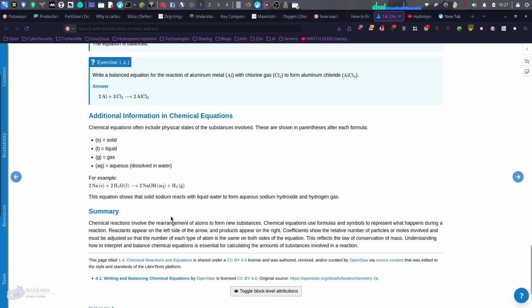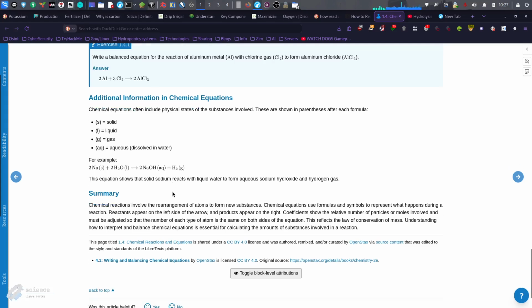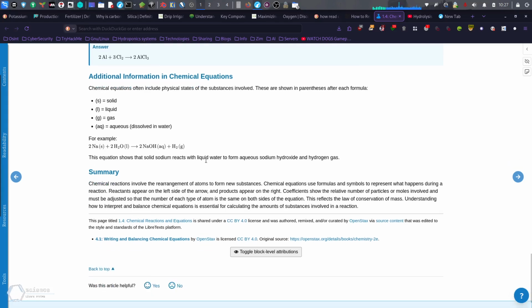and hydrogen gas. Summary. Chemical reactions involve the rearrangement of atoms to form new substances. Chemical equations use formulas and symbols to represent what happens during a reaction. Reactants appear on the left side of the arrow and products appear on the right.